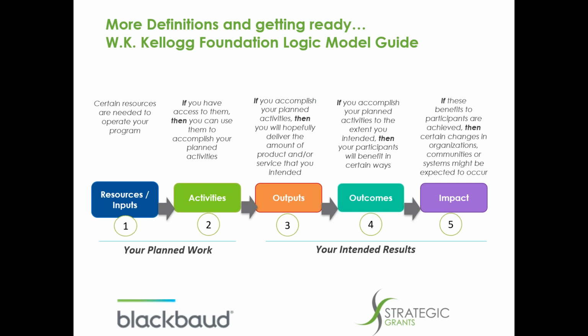They are the number of occasions of service delivery or program delivery numbers, the number of people that attended, etc. The outcomes then are the changes that are going to occur because of your inputs, activities, and outputs. So what are the intended benefits to the participants?